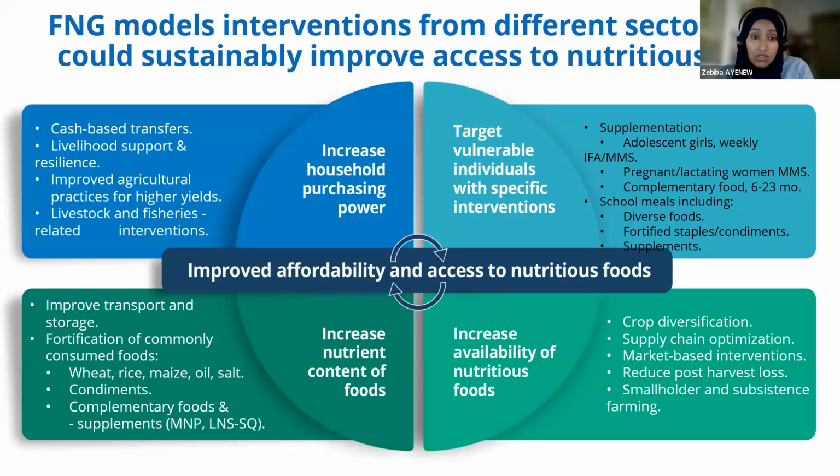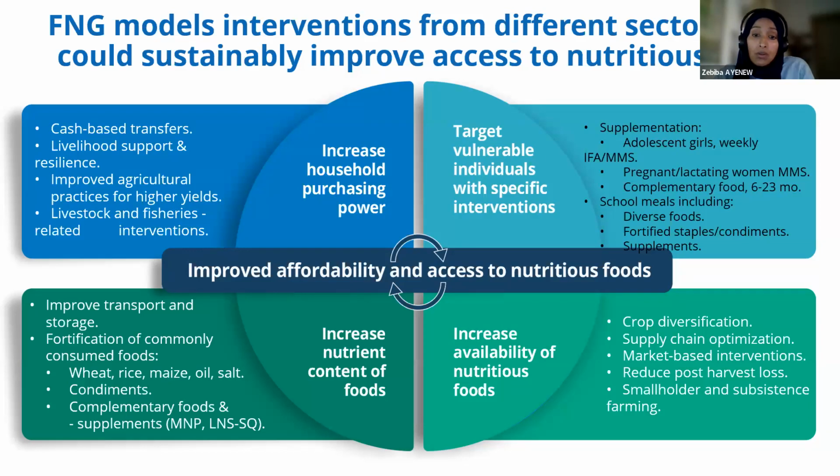It's a multi-sectoral approach. I would like to point out, though, it's not exhaustive, but these in this slide highlight the main, usually the typical entry points that we model in the Fill the Nutrient Gap analysis.